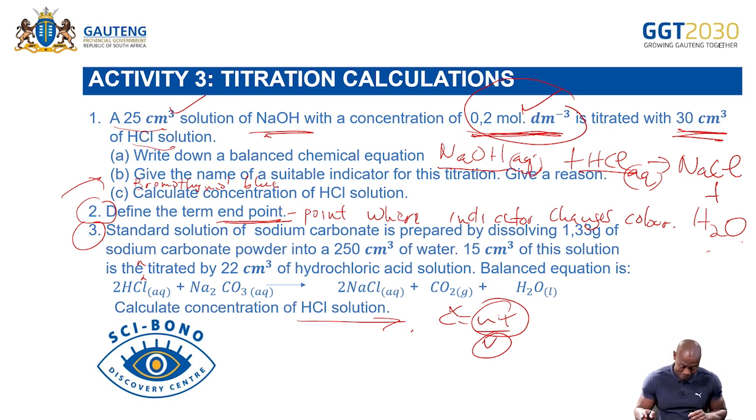Let's read the statement. You have a standard solution of sodium carbonate, which is prepared by dissolving 1.33 grams of sodium carbonate powder into 250 cubic centimeters of water.